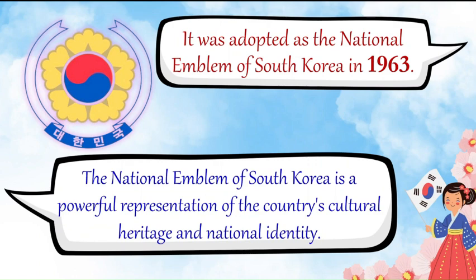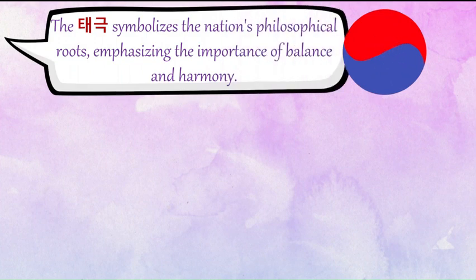Obviously, the emblem of a country is the identity of that country. It holds a very powerful place in the culture of the country. The significance of the emblem is also reflected in the elements that it is made up of. The taeguk symbolizes the nation's philosophical roots, emphasizing the importance of balance and harmony. So you will notice that taeguk holds a very significant place in Korean culture, Korean philosophy, Korean history. So definitely it holds a powerful place in the emblem.